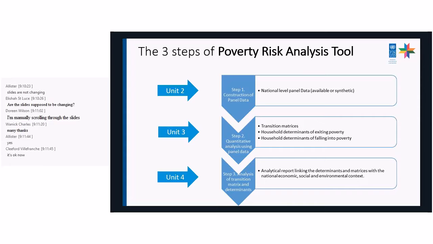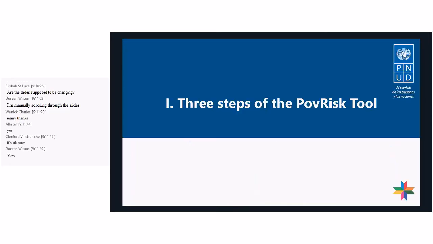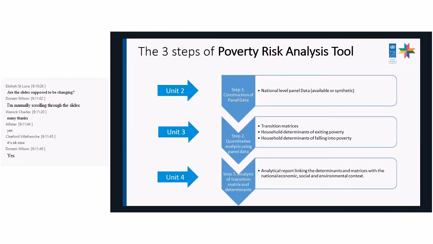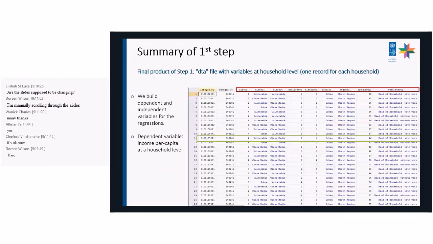I will go just quickly through what we have seen. So this was what I was explaining, that these are our 3 steps, and now we're in Unit 4 and Step 3, and this is the final product of Step 1, which is a panel data that allows us to follow households over time.